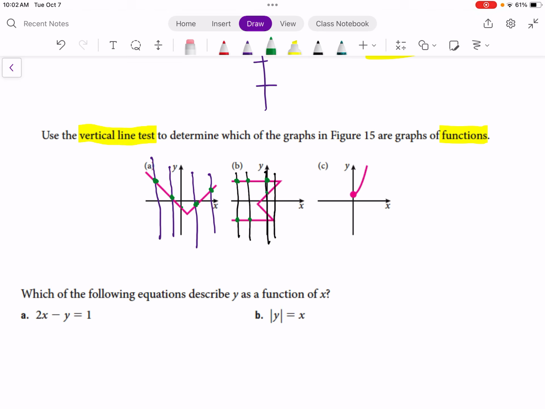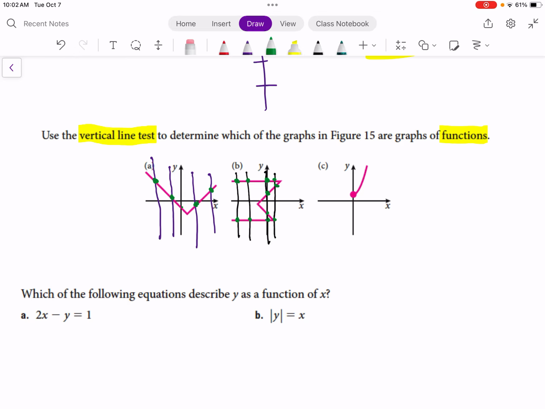In this case the vertical line crosses at 4 points. In this case the vertical line crosses at 3 points. And if this is the case, our graph is not a function. So to be a function, every vertical line must cross the graph exactly at one point. If it crosses more than once, then the graph is not a function.